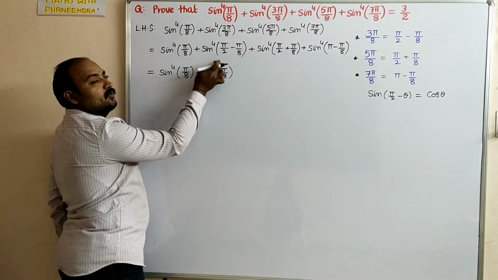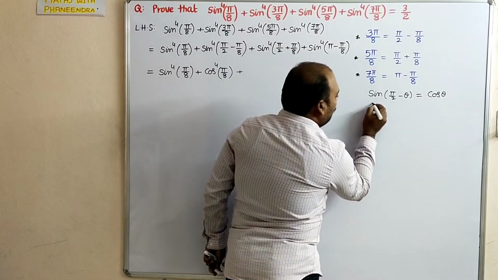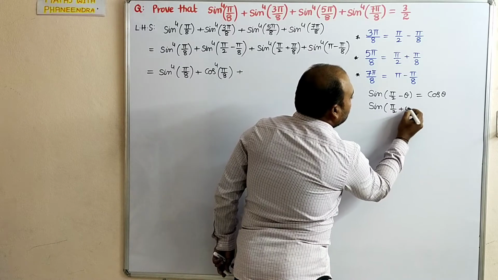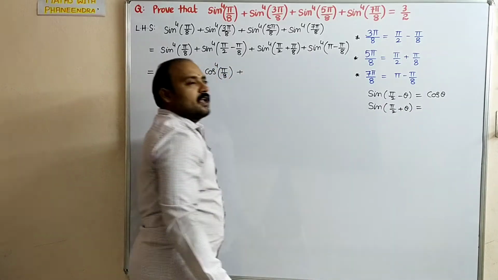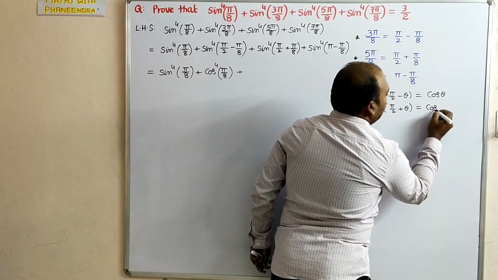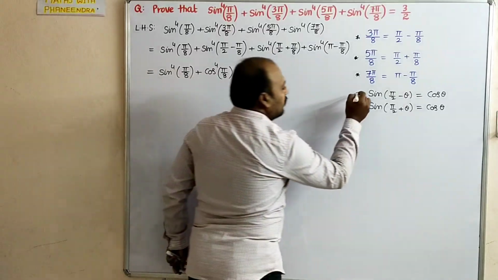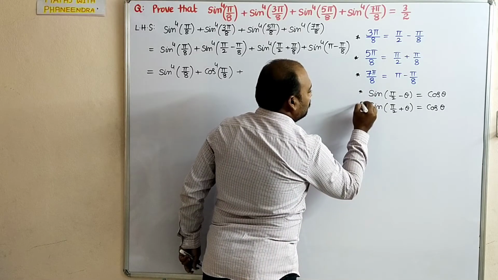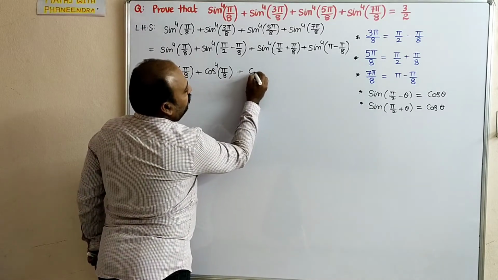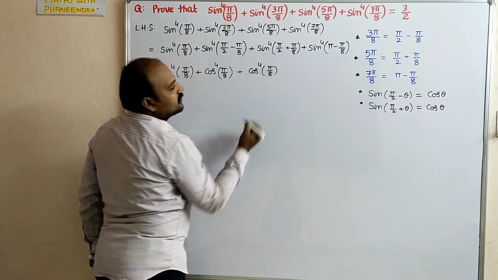That means cos power 4 of pi by 8. Next, sine of pi by 2 plus theta is again cos theta. So here cos power 4 of pi by 8, again theta value is pi by 8.